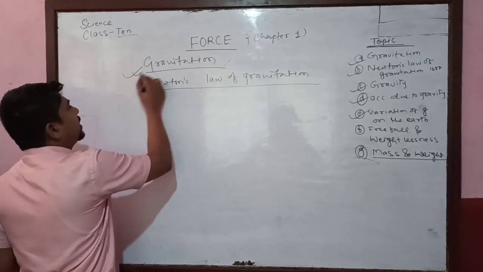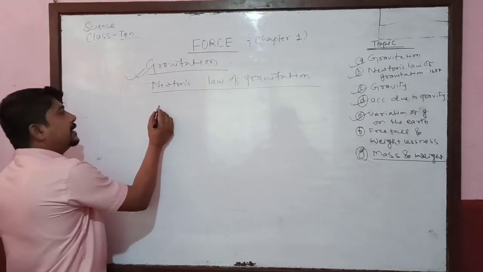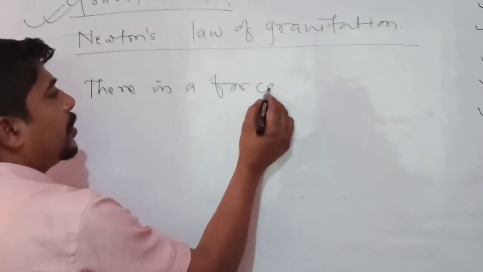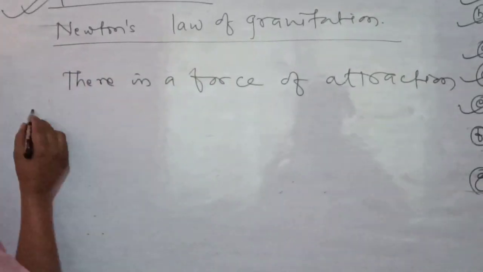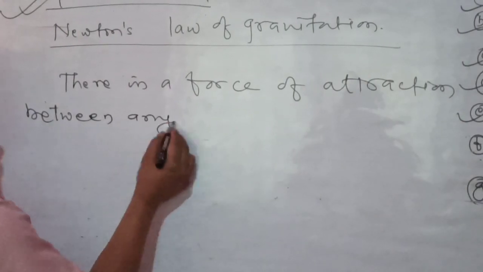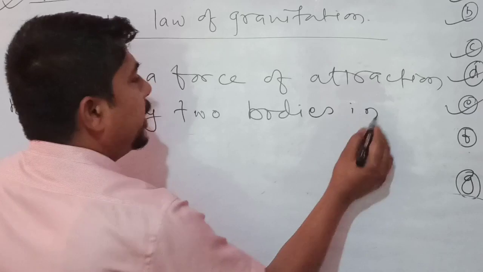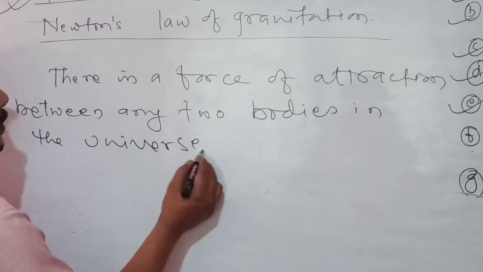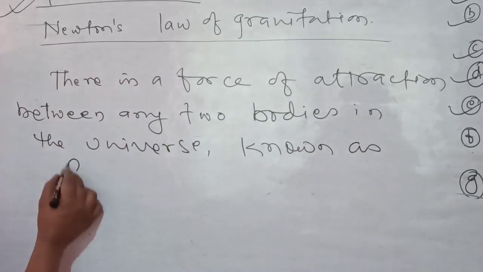There comes gravitation. So Newton tells this. Newton has told us that there is a force of attraction between any two bodies in the universe, known as gravitation.